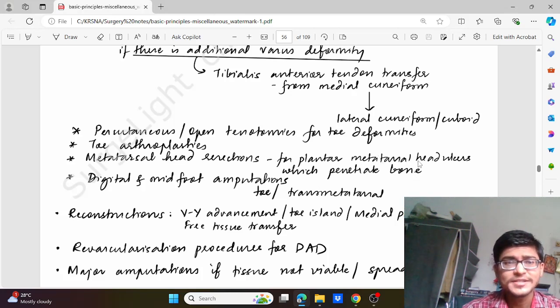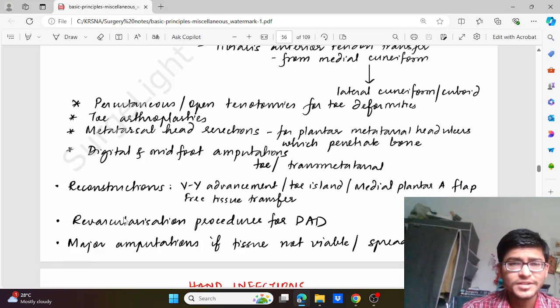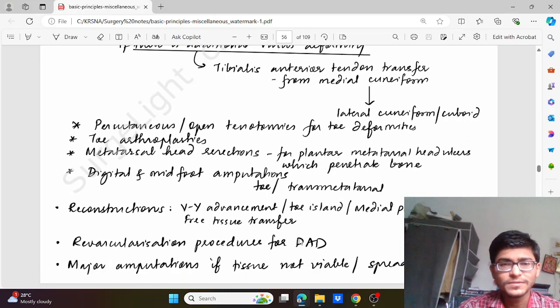Then digital and midfoot amputation through the toes or transmetatarsal, reconstruction in the form of VY advancement, toe island and medial plantar flaps, free tissue transfer, revascularization procedures for peripheral arterial disease, and amputation if the tissue is not viable and has a spreading infection, in the form of Bellini or Syme amputation.